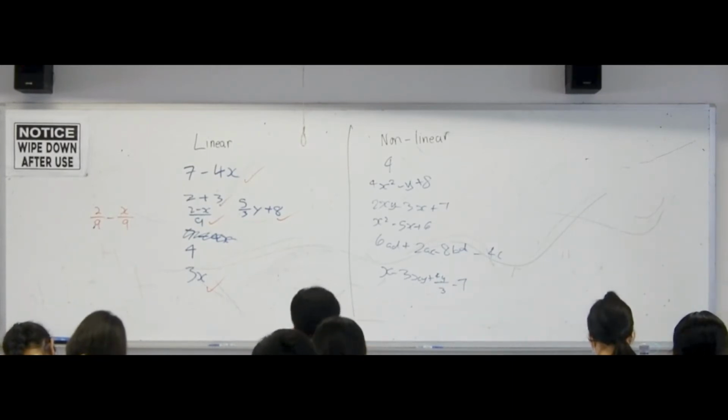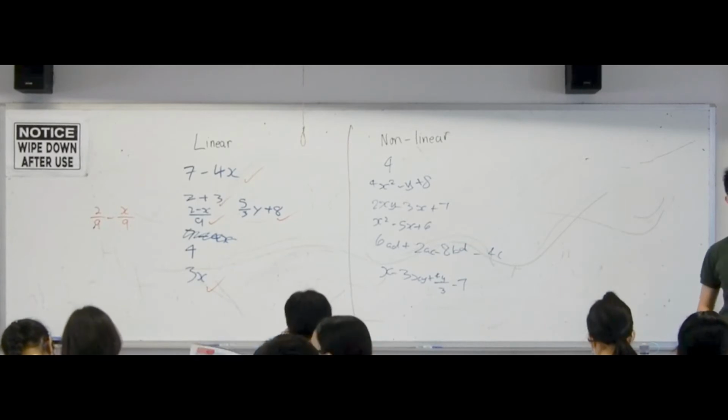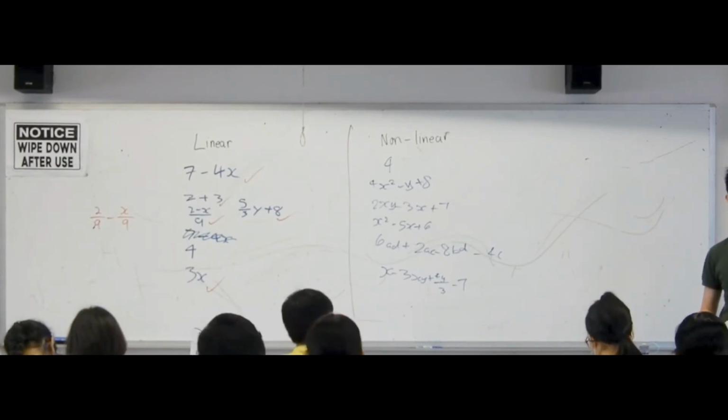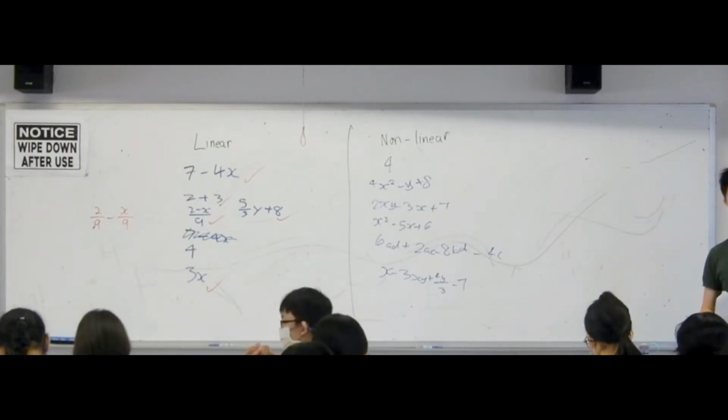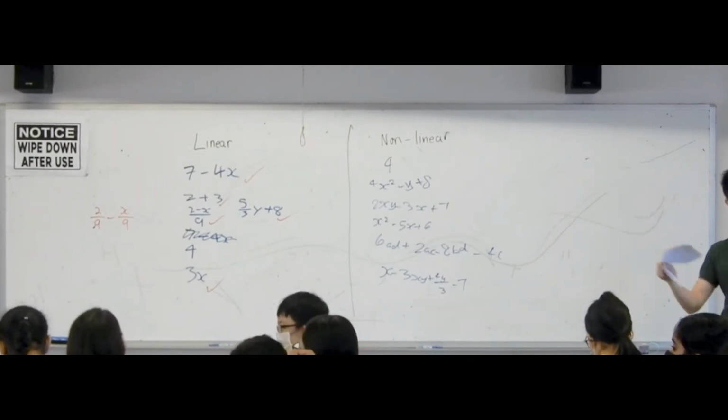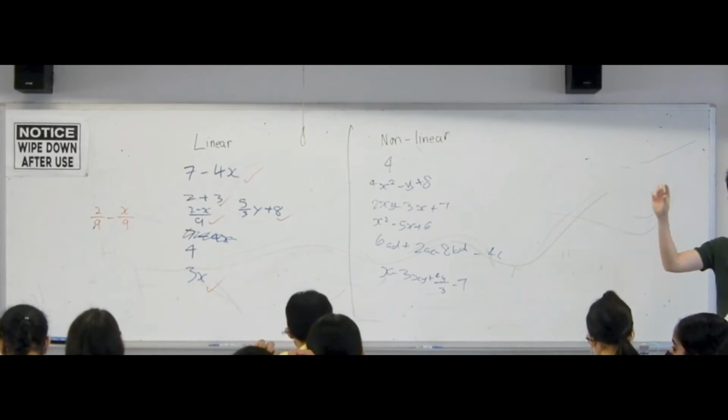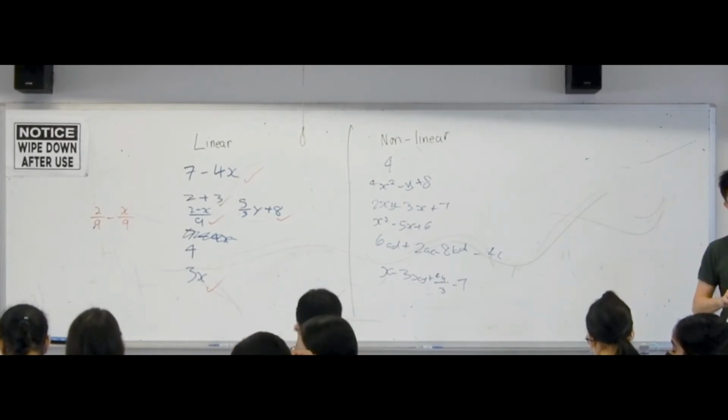So is this 4 linear or not, based on the definition? Do you think 4 is a linear expression?